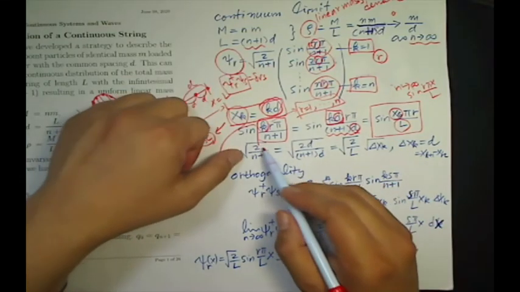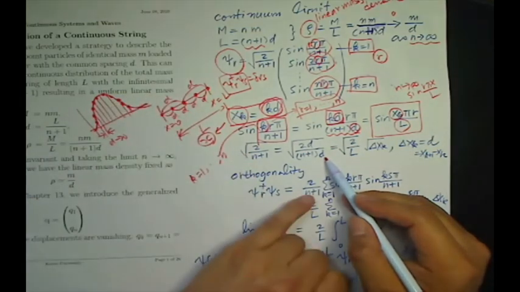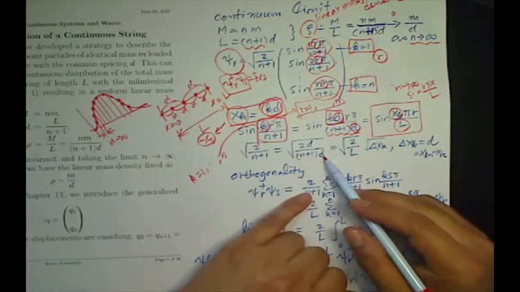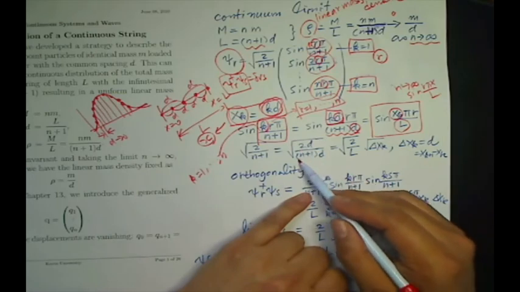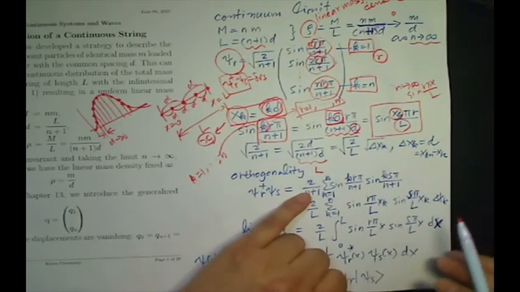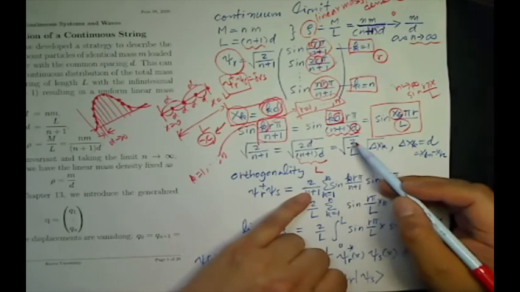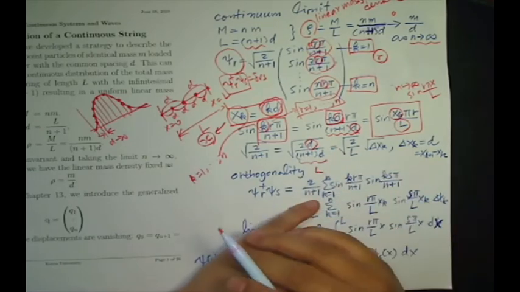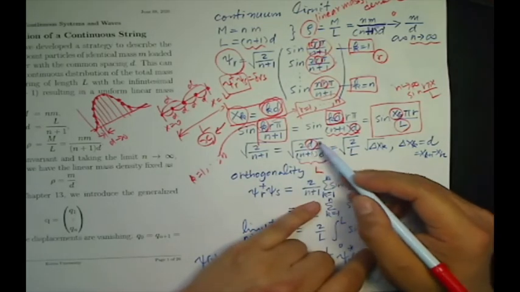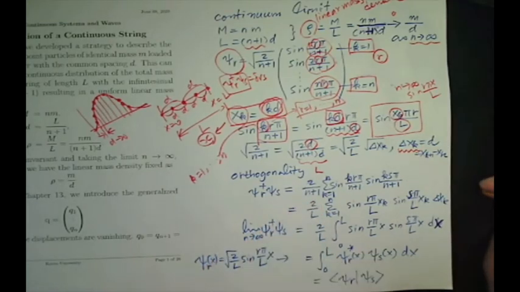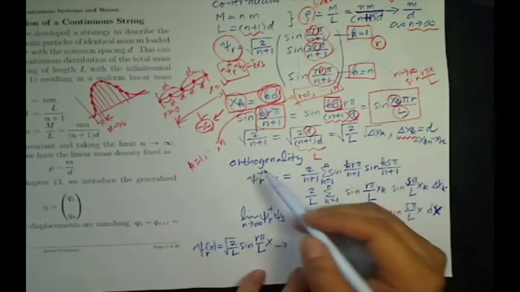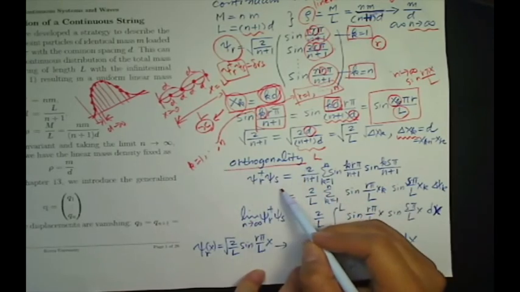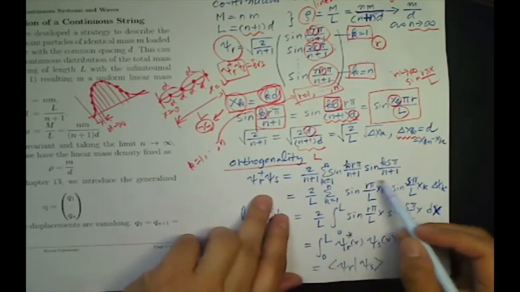If I multiply d and divide by d in the numerator, then we have this one to be the length of the string. So the factor square root of 2 over L is factored out, and then we end up with an additional factor square root d. And actually this d is the difference between the adjacent beads, that is the equal spacing itself. So if I consider the orthogonality of the two eigenvectors, we have these relations.